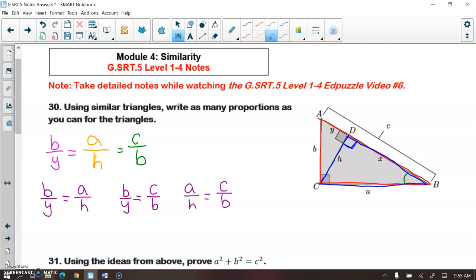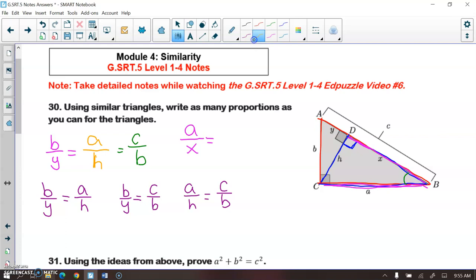So I can write the side in between the right angle and the angle that has 1 tick mark on it, or 1 arc, on my big triangle is A, over, on my blue triangle, the side in between my right angle and my 1 arc is X.